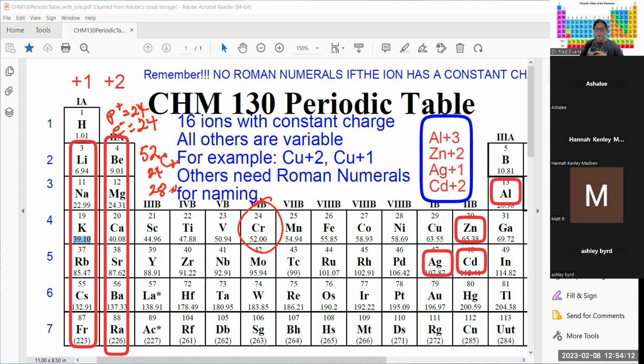So it could be chrome, sometimes it could be chrome 53, or even chrome 51, or sometimes even more than that. But if you're not told otherwise, then you can assume the question deals with the most common isotope. Otherwise, the question would be like that.